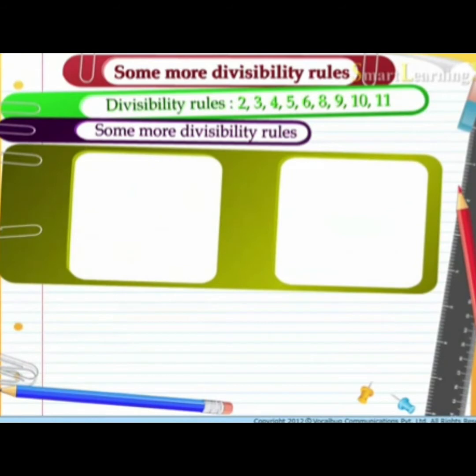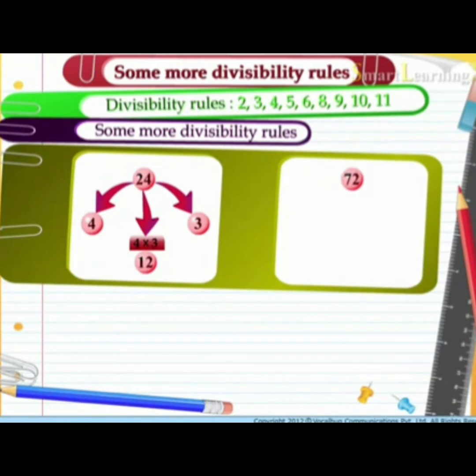Now let us find the next rule by considering the numbers 24 and 72. 24 is divisible by both 4 and 3, which are coprime. It is also divisible by their product, 12. 72 also follows the same pattern, that is, it is divisible by 2, as well as 9, which are coprimes. 72 is also divisible by 2 multiplied by 9, that is, 18.